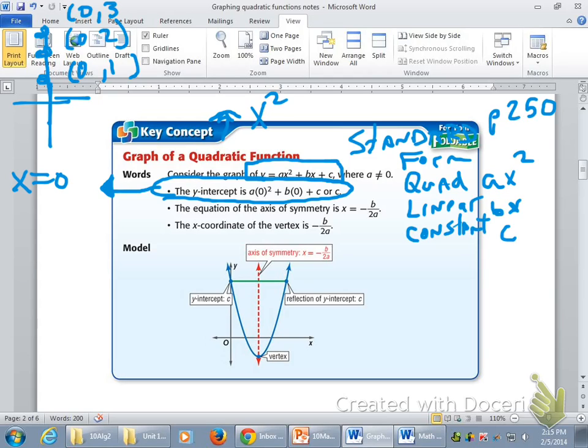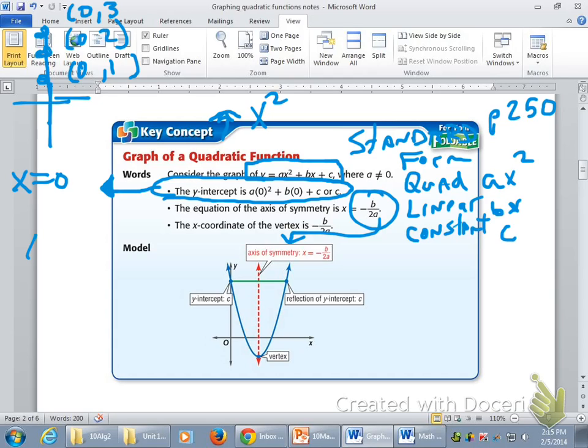The next thing that you notice is this quadratic is symmetrical. What does symmetrical mean? It's the same on both sides, right? So you could fold it on itself and it would trace itself over. So it's symmetrical. Well, that axis of symmetry is super important, and that's this equation right here. And you can see it's written down.